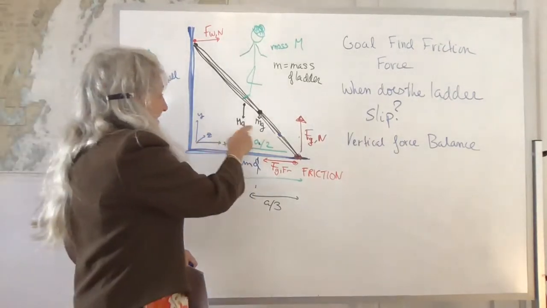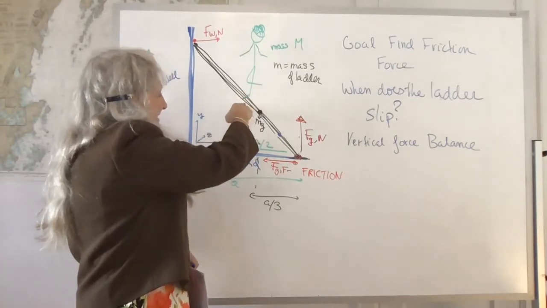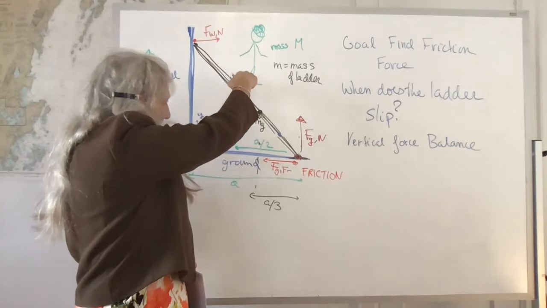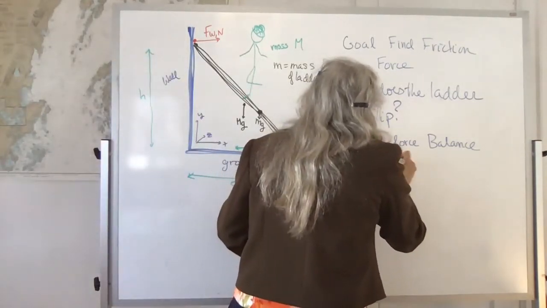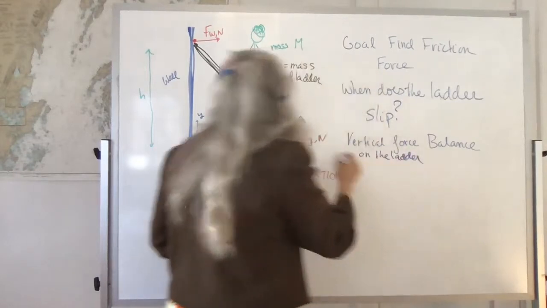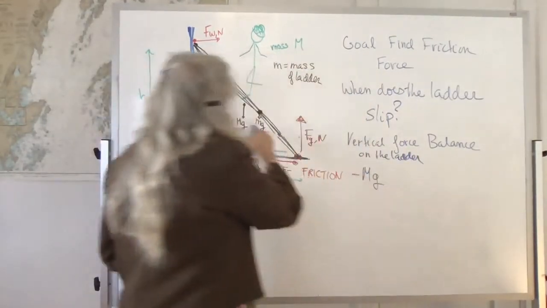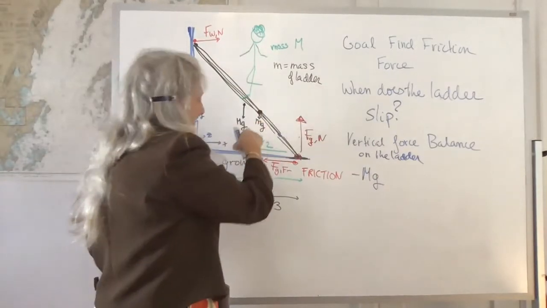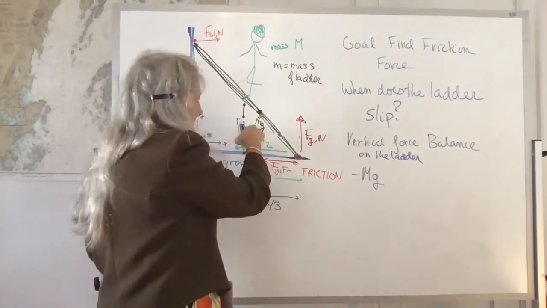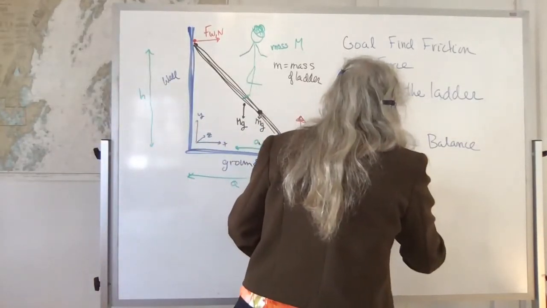So for vertical force balance, we look at the forces on the ladder. I have mg down, so it's minus Mg, with the big M from the guy walking up the ladder. Then we have the center of mass, the weight of gravity on the ladder itself, minus mg.